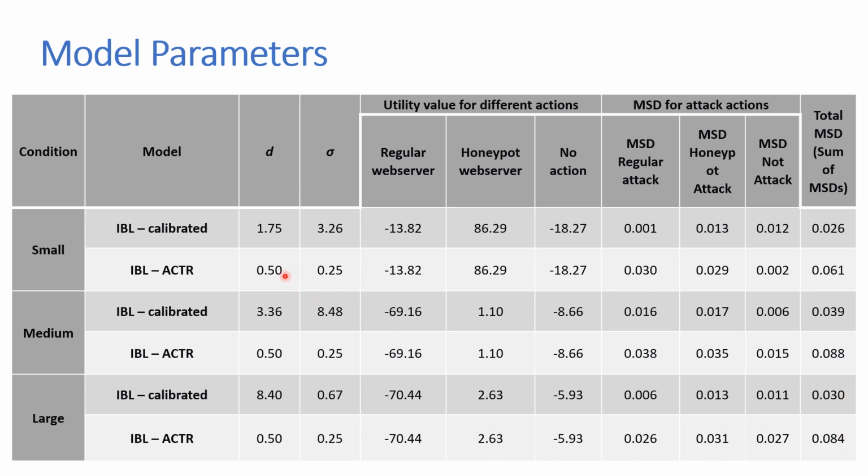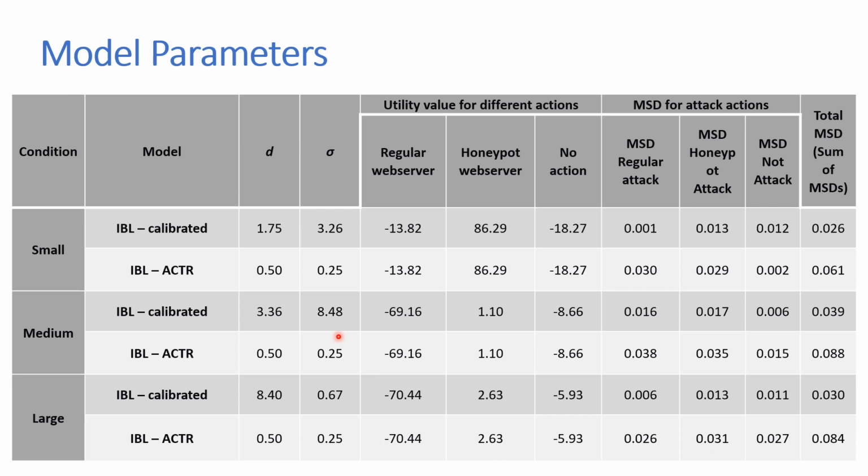Also, one observation is that across all three conditions, for the medium condition, the noise was significantly larger. One possible reason could be that 50% of the servers were honeypots and 50% were regular.